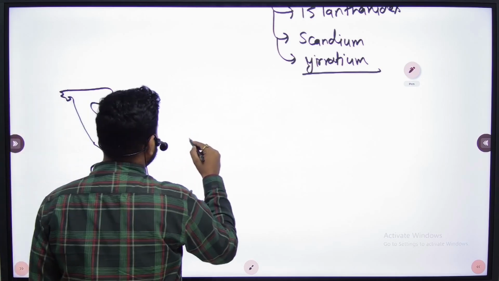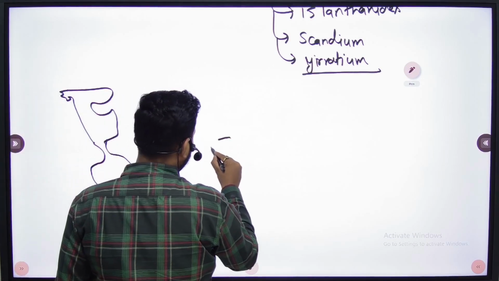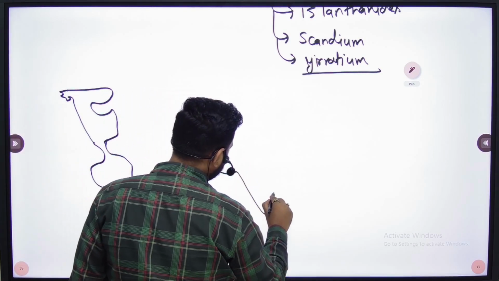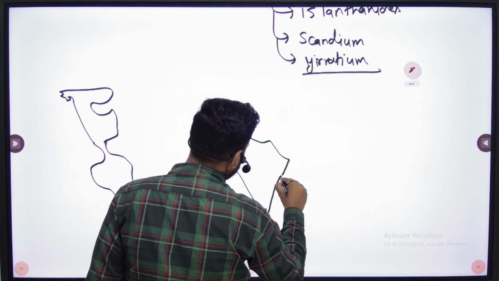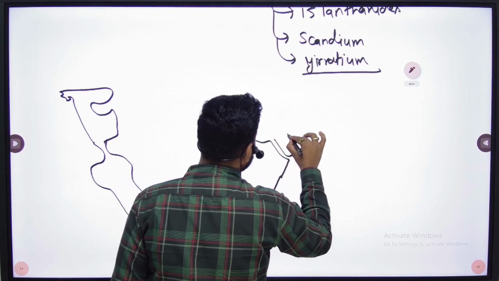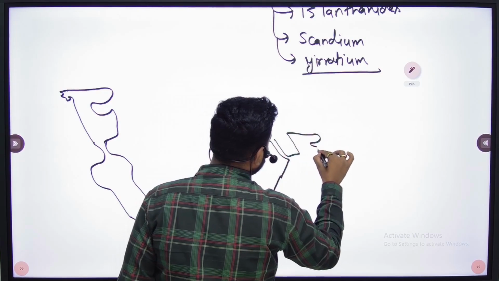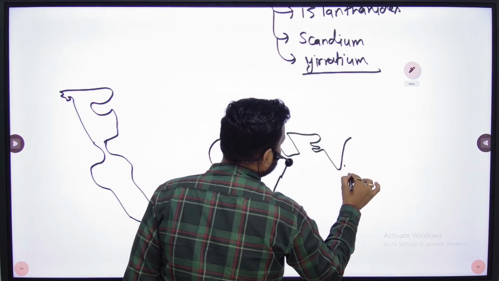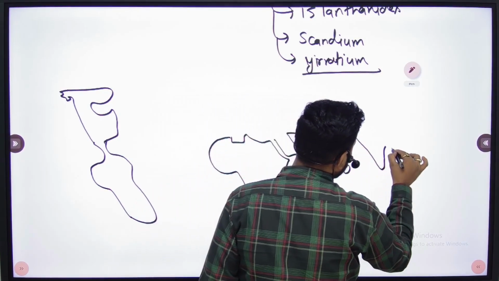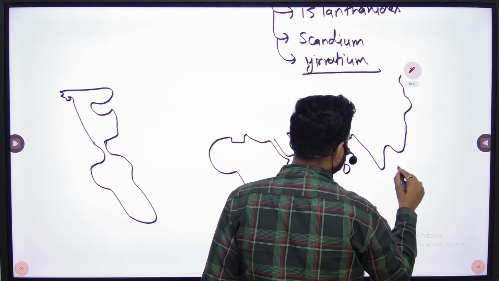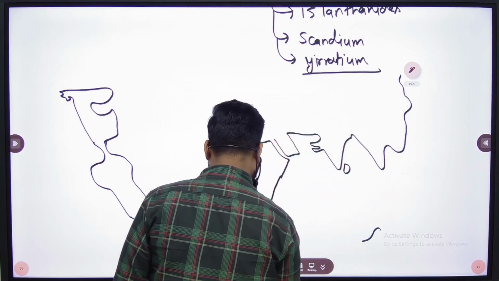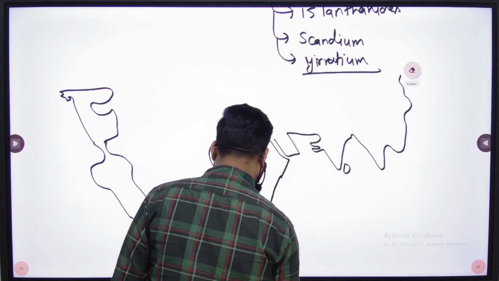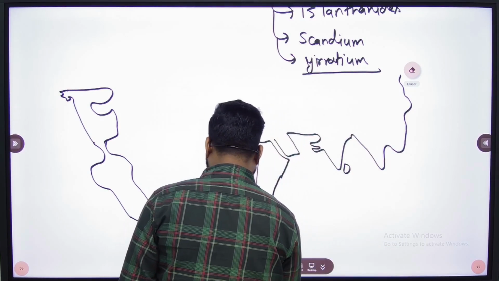Whenever we say use the map, use a very pictographic representation; the examiner never wants very artistic pictures. Make the map.